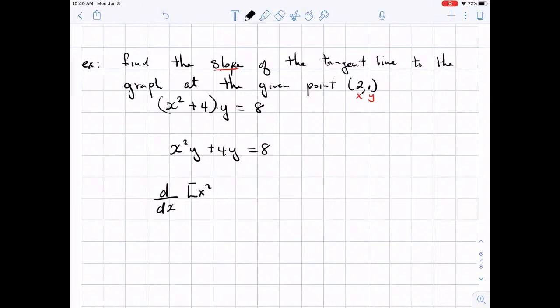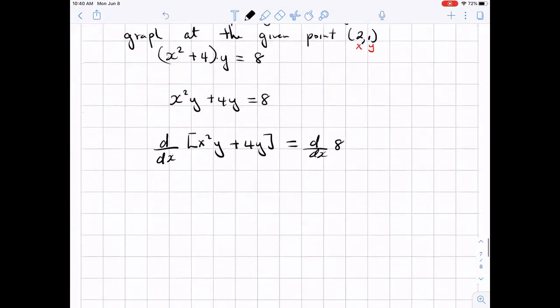So d/dx of x squared y plus 4y, and that's equal to d/dx of 8. Now here we have a product. So at some point we'll have to use the product rule, but we could separate this since it's the sum: d/dx of x squared y plus d/dx of 4y is equal to d/dx of 8.